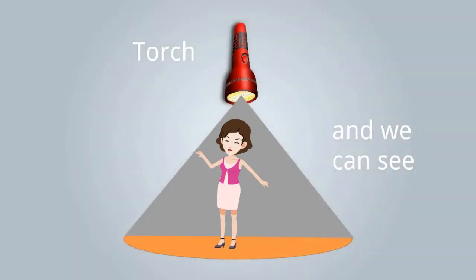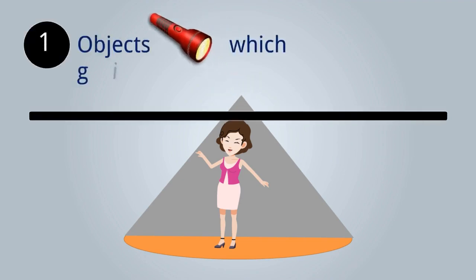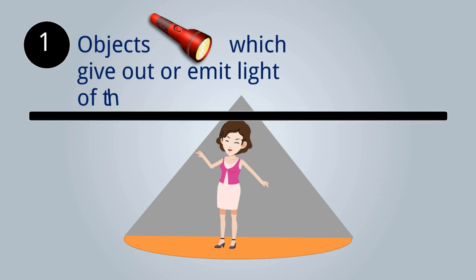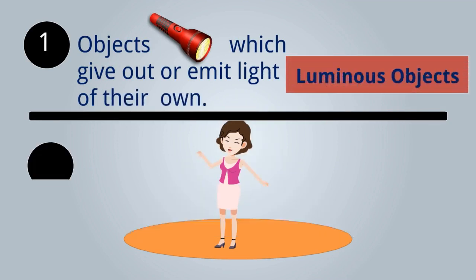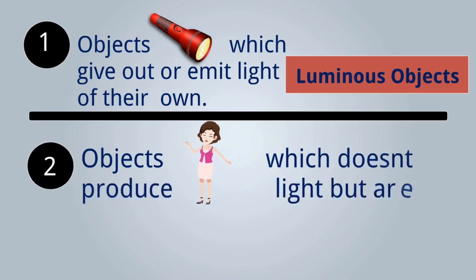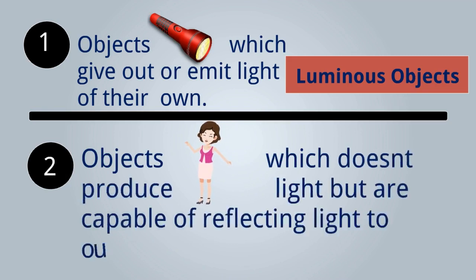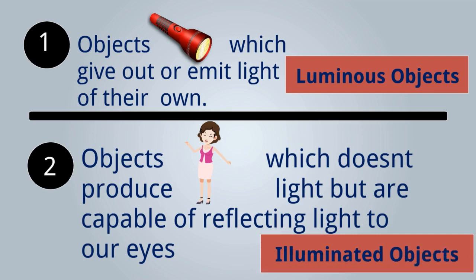Here you can see there are two distinct things. One, the objects which can give or emit light are known as luminous objects. And second, the objects which don't produce light but are capable of reflecting light to our eyes. That's the girl. She is an object. It cannot produce light but is capable of reflecting it, and it is known as an illuminated object.